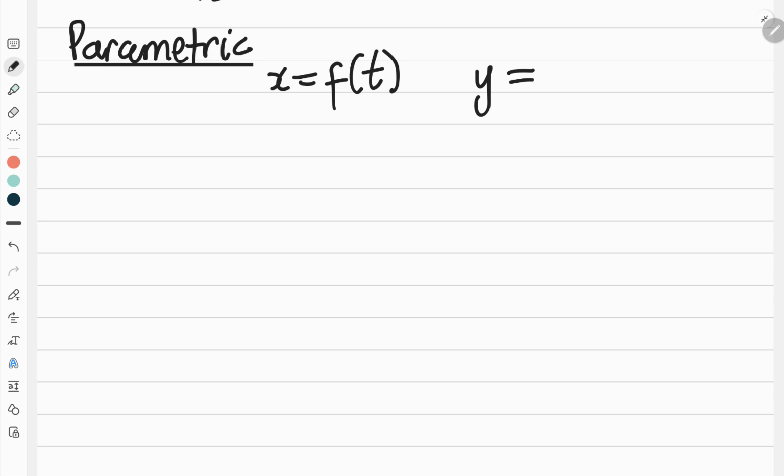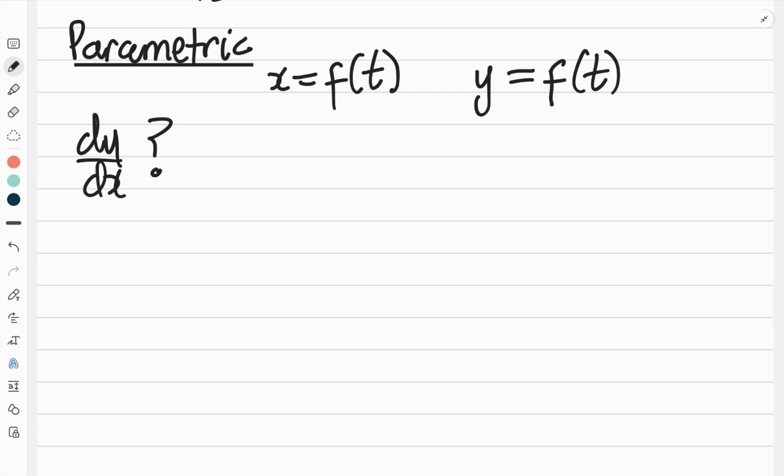We also have y, which is also expressed as a function of the same parameter t. So now we want to find dy dx, the derivative of y with respect to x.